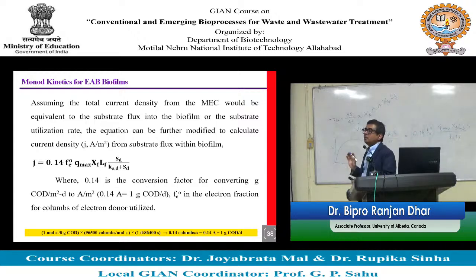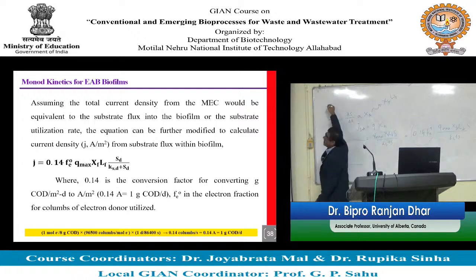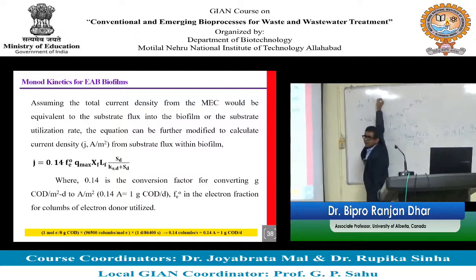So why 0.14 Fe? Okay, so 0.14 Fe came from two things. So when microbes, okay, so Fe, you remember that when we did half reaction including cell, we had Fe and Fs, right? So Fe plus Fs equals 1, right? That's what we used.